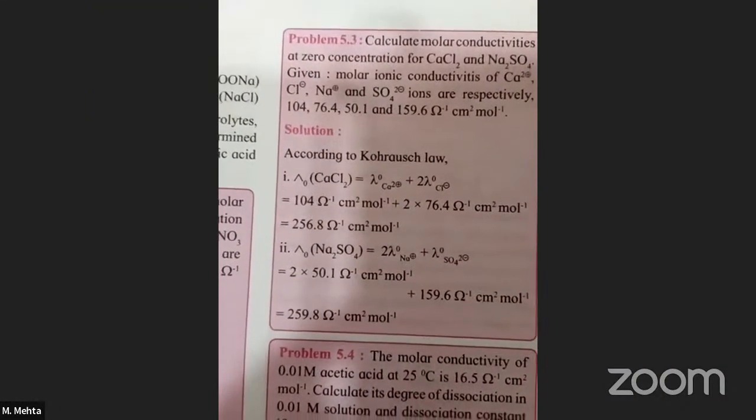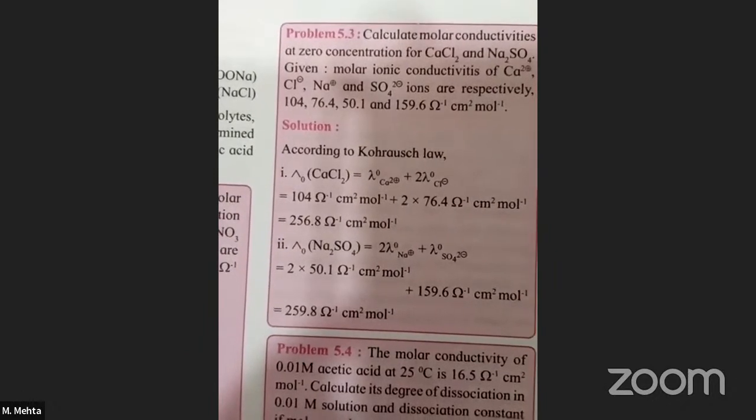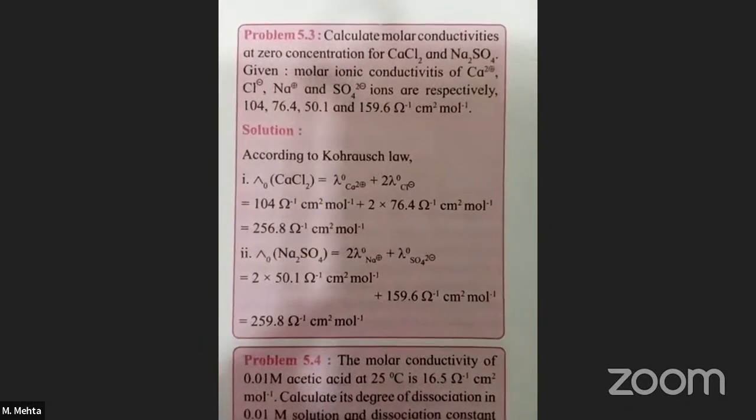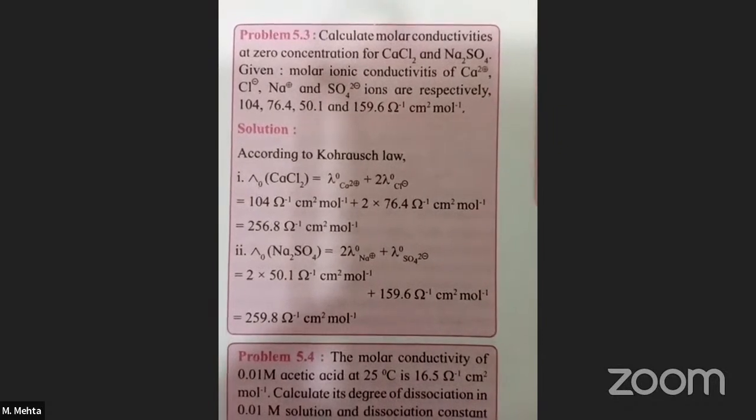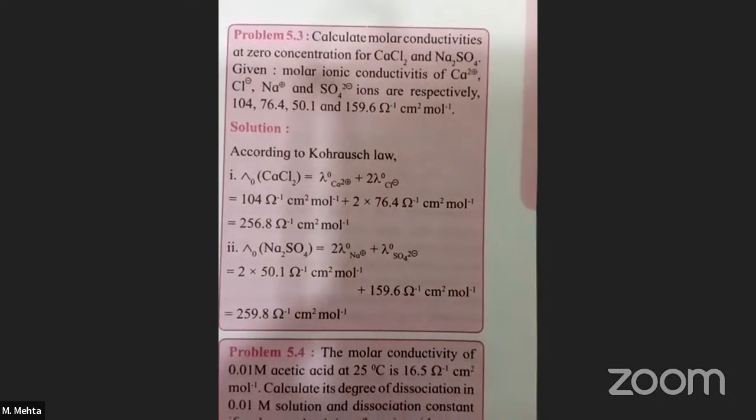Simply, you can solve this question by using Kohlrausch's law. According to Kohlrausch's law, you can write that the molar conductivity of CaCl2 is the conductivity of the Ca2 plus ion plus 2 into the conductivity of the Cl minus ion.